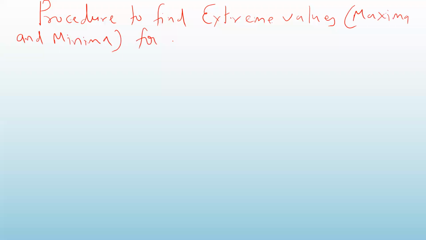Extreme means maxima or minima. There is a common word for that, which is called the extreme values. That is maxima and minima for a function y equal to f of x.